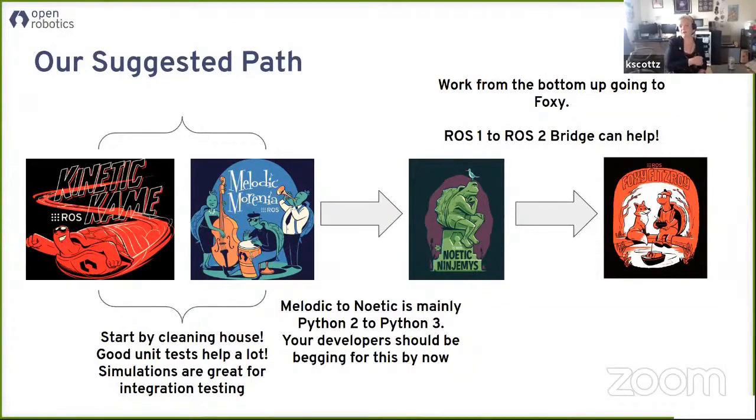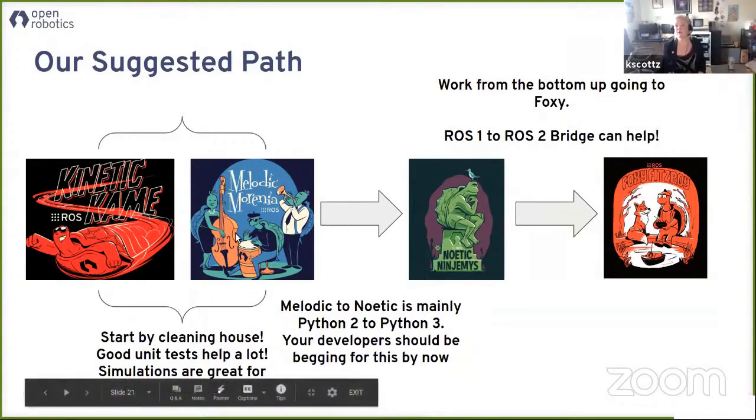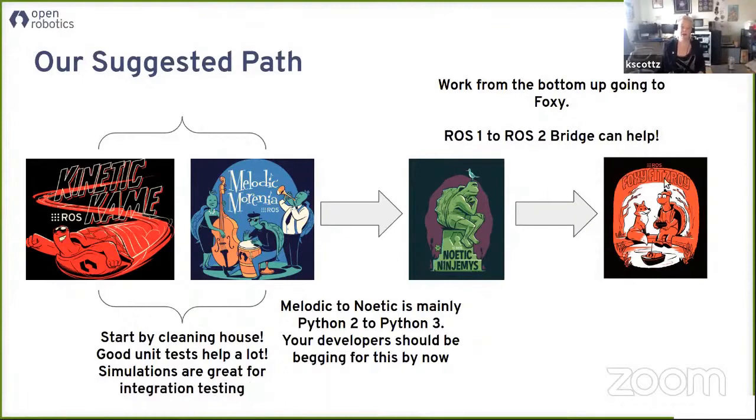Once you go through that eye of the needle of the Python transition, you have a tool called the ROS1 to ROS2 Bridge that should help you get from Noetic to Foxy fairly easily. And there's a good number of systems out there right now where half the system is currently running Noetic or even Melodic through the bridge, and then the other half is at Foxy. And this should allow you, in a piecemeal fashion, to move one package, then another package, then another package until you've finally moved all the way over to Foxy.